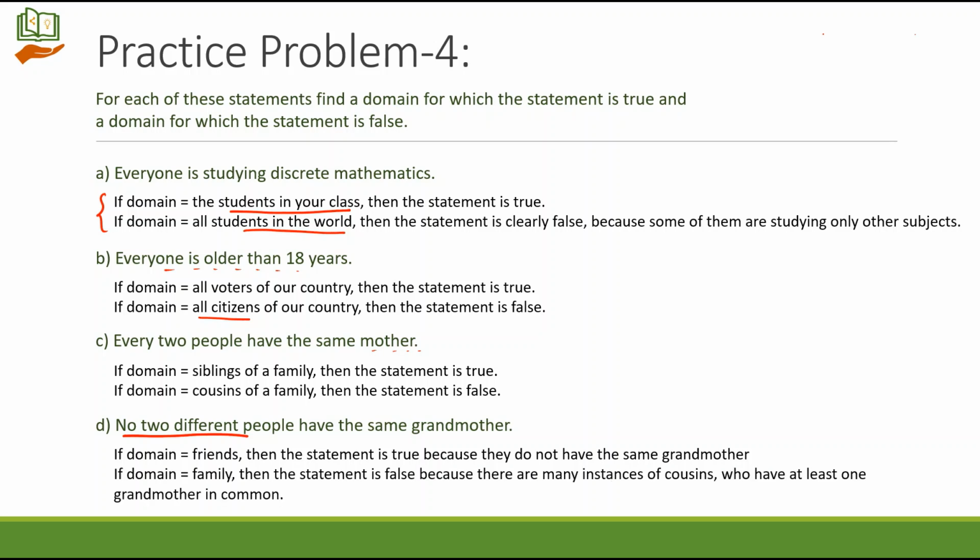But when the domain is within a family, this statement is false, because there are many instances of cousins who have at least one grandmother in common. Only then they can be called cousins. You can ask me one thing: are only these answers correct? Not so. This is to tell you how domains play a very crucial role in deciding whether a particular statement is true or false.